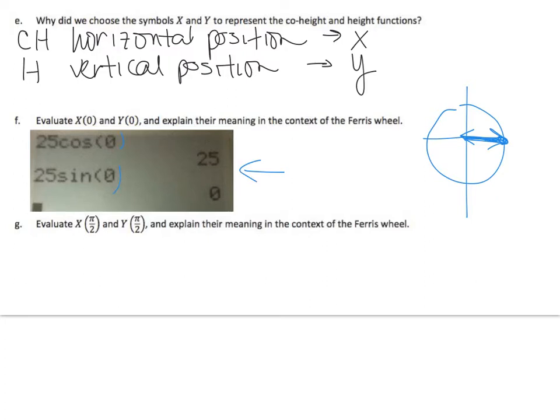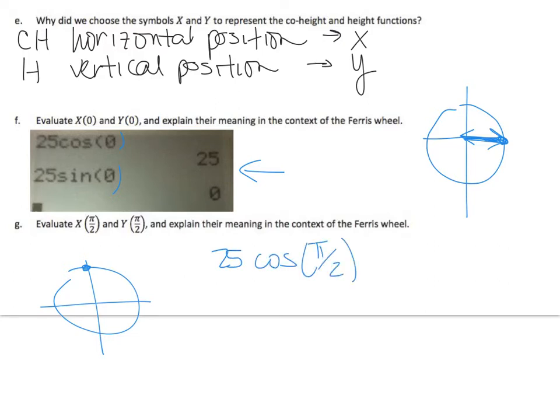How about evaluate at pi over 2, which will be up here. Okay, 25 cosine of pi over 2 is going to be 0, and 25 sine of pi over 2 is going to be 25.